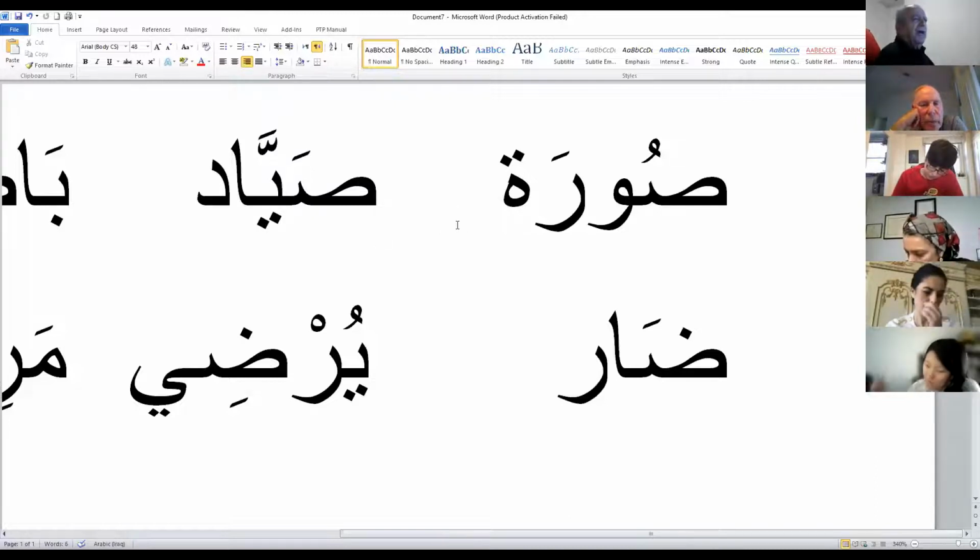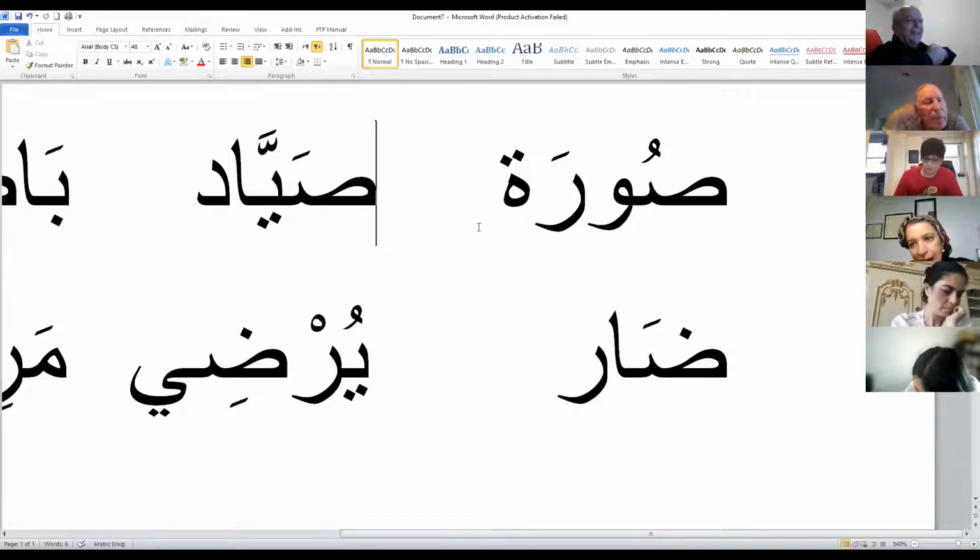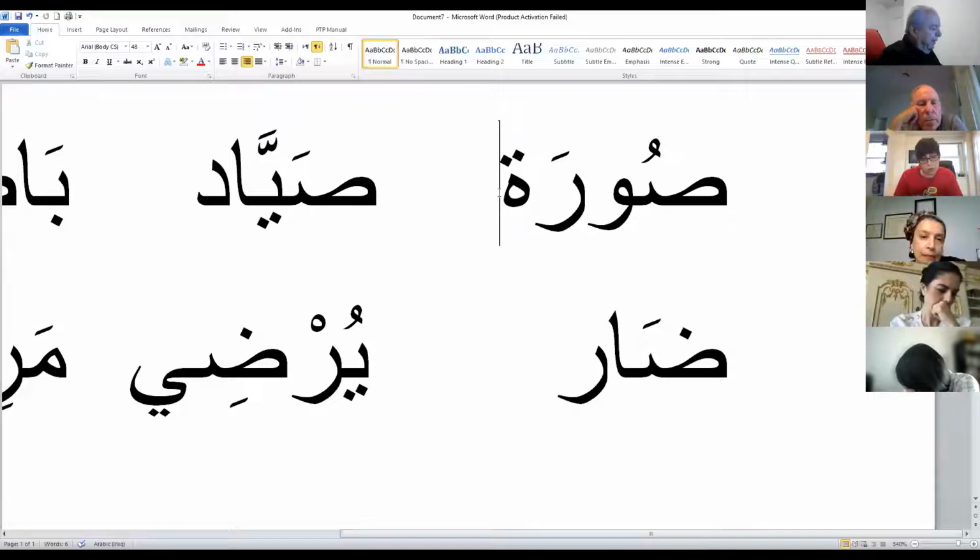Marbuta means it's tied up. And if I had here a fatha, then I would read this as surata. It's actually some kind of a ta, but it is a tied up sort of ta, so we don't bother with it.